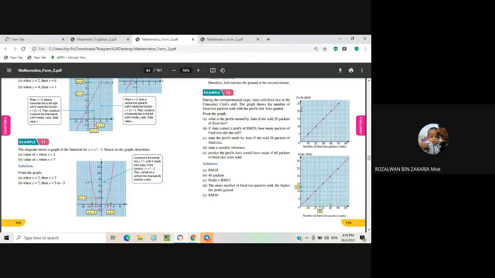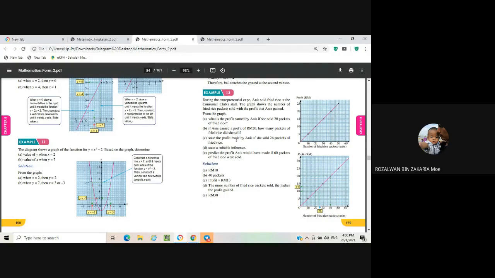So you have to read this properly. The two boards 5, they mean one small board is 1 unit. Sorry, my mistake, 26 packets.